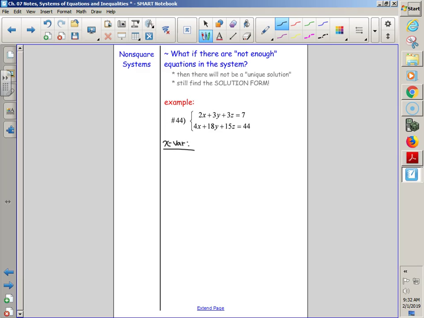All right. What are you guys going to do? Divide everybody by 2 or multiply by -2? That's what I would do. Multiply by -2. Double check my math. -4x minus 6y minus 6z equals -14. X is gone.